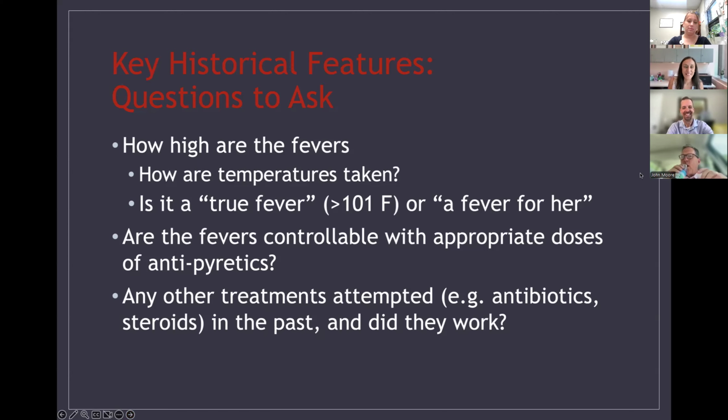So what are they saying when they say fever? What happens in response to medications? Are they giving an appropriate dose of an antipyretic? And what treatments have they tried in the past, and did they work? That can give you a clue as to whether it was infectious or not.